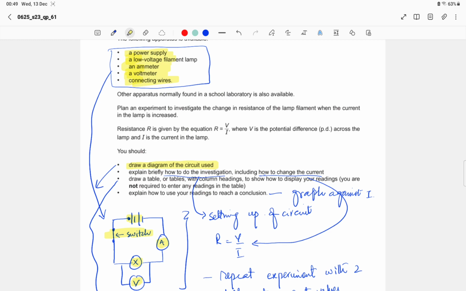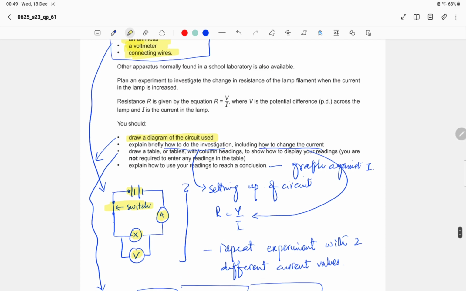Then we are going to explain how to do the investigation and how to change the current. In this, you have to tell us how you are going to set up your circuit, and when you are going to change the current, you have to use this formula.